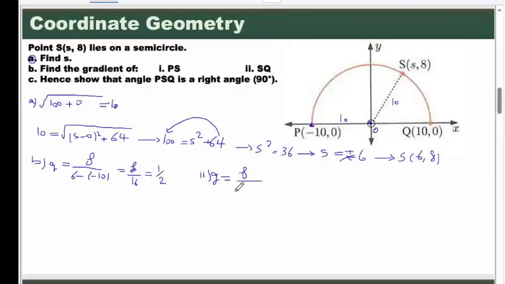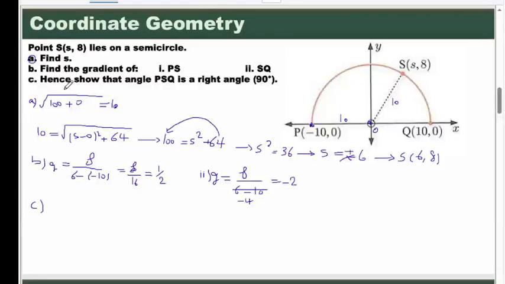So 6 minus 10 gives me negative 4, so 8 over negative 4, positive over negative gives me negative, which would be negative 2. I will go for part C.